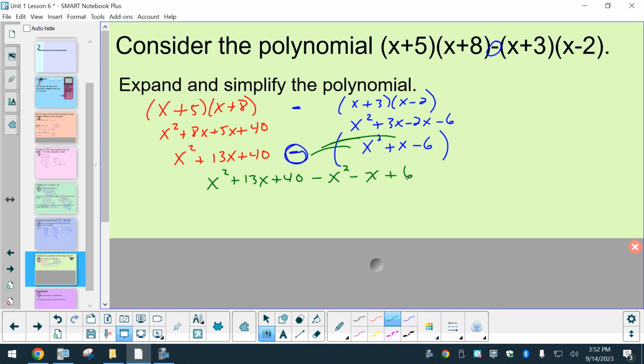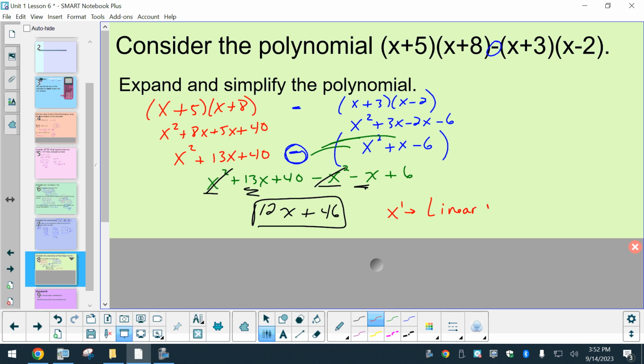Okay, and now you just want to combine like terms. So you notice that your squareds will cross out. You're going to get 12x plus 46. And because it's x to the first power, it's in linear form.